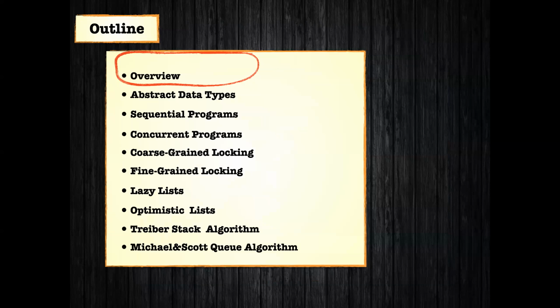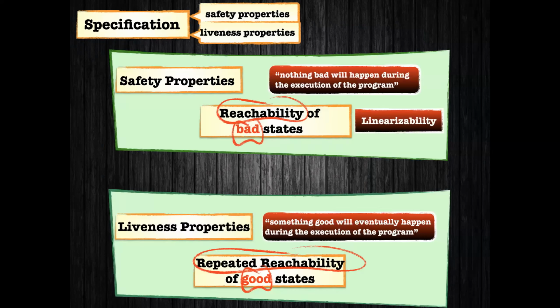So this is again the plan of the course, and we have already covered several topics. We started with an overview where the main message was that we would look at different kinds of properties, and we mentioned two categories: safety properties, where we say that nothing bad will happen during the execution of the program.